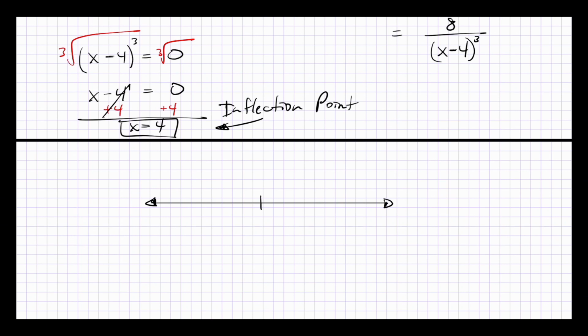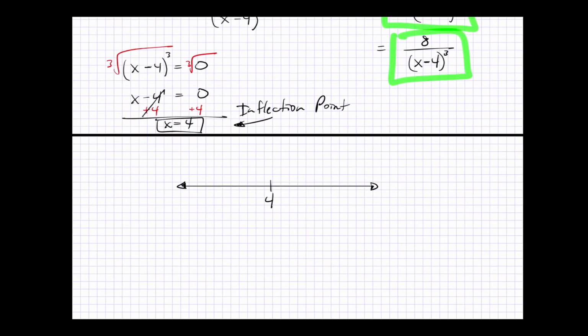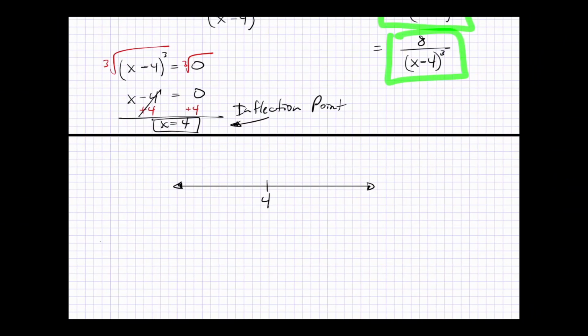Now the last thing is concave up, concave down. So the second derivative is right here. The second derivative is right there. So what I'm going to do now is I'm going to plug in numbers bigger than 4, smaller than 4 into that guy and see what happens. So 0. I get 8 over, what is that, negative? It's going to be a negative number because you're going to get negative 4 inside the parentheses.